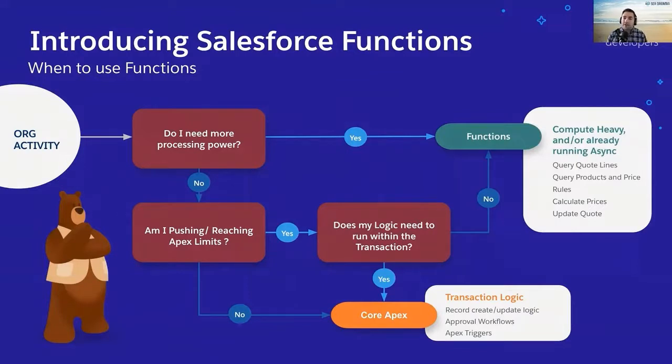So things like all of your CRUD, approval workflows, and triggers, because you don't always need to go out to functions. Bear in mind that there is a limit to the amount of invocations that you can have within functions. However, you can purchase an additional limit on top of that, but it's important to note that you should only be using functions when you really need to.